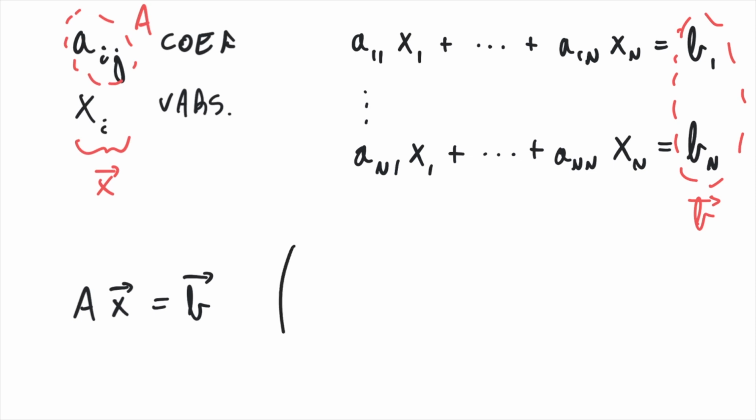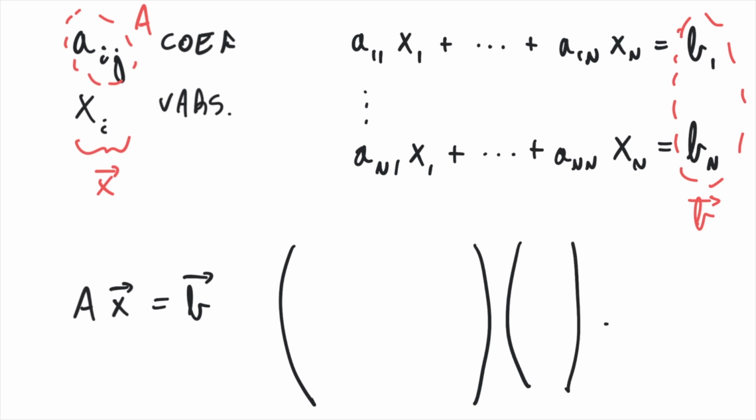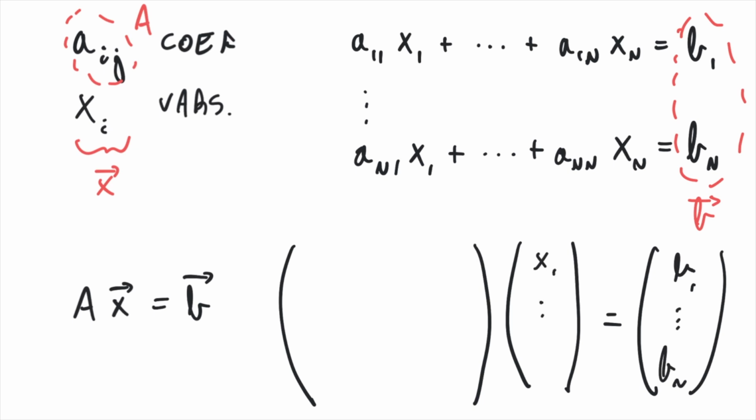So, expanding, we have this equation. In matrix form, we put b1 up to bn, x1 up to xn, and a11 up to a1n, an1 up to ann.